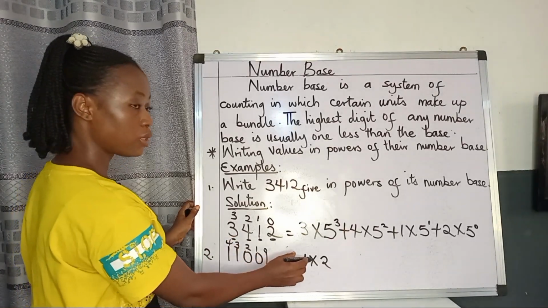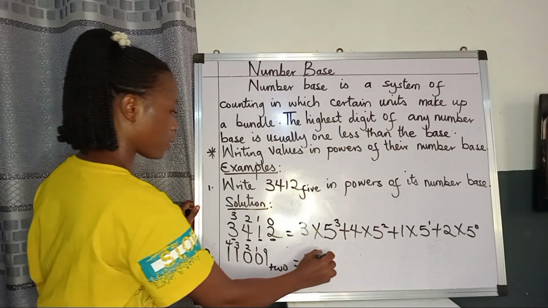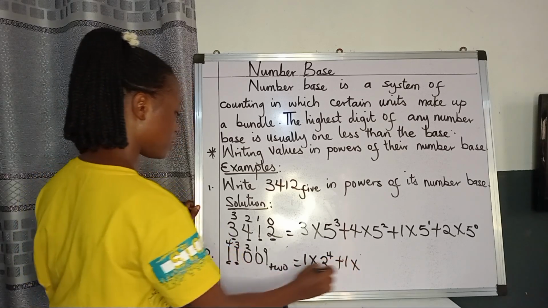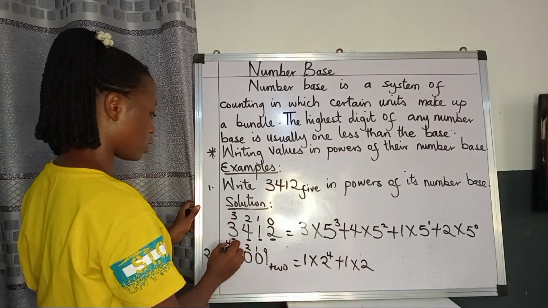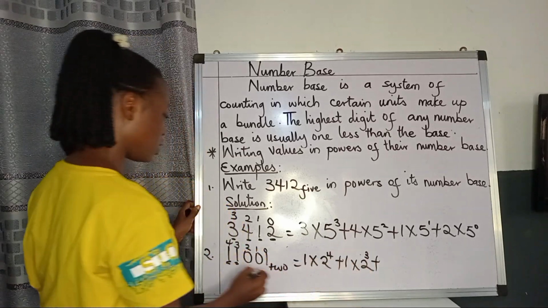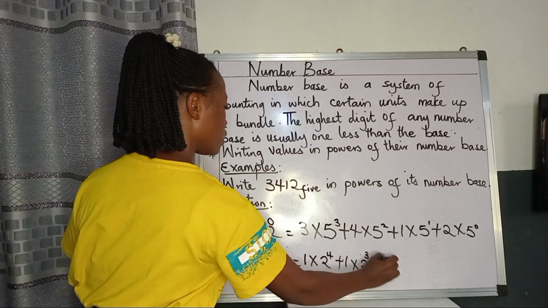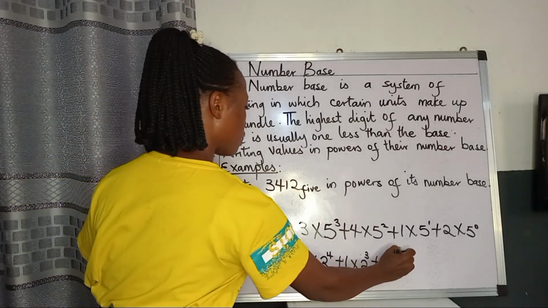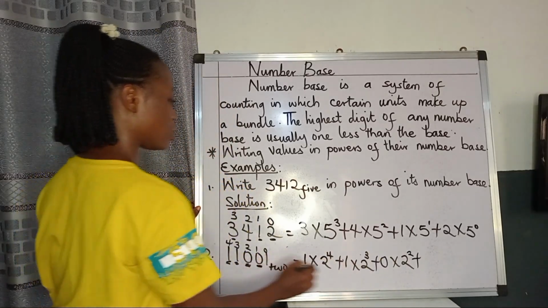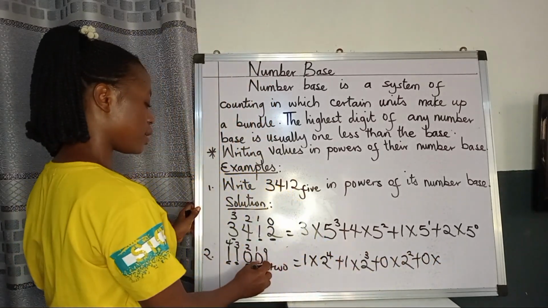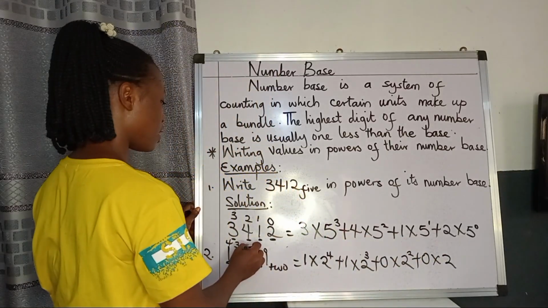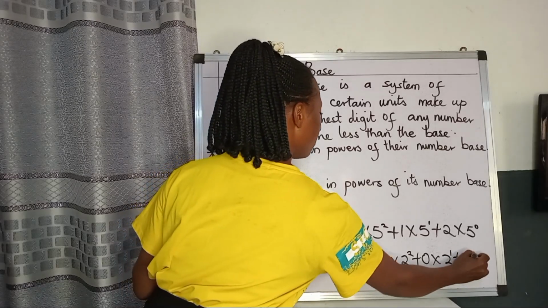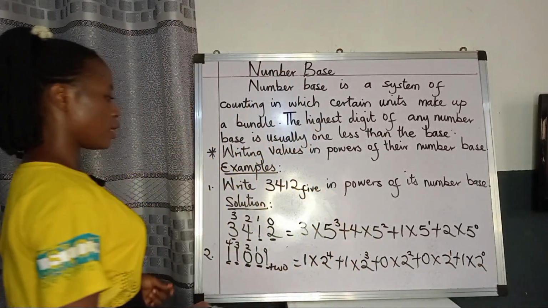So we have 1 times base 2 raised to the first power, which is power 4, plus the next digit, which is 1, times base 2 raised to power 3, plus the next digit, which is 0, times base 2 raised to power 2, plus the next digit, which is 0, times base 2 raised to power 1, plus the next digit, which is 1, times base 2, raised to power 0.